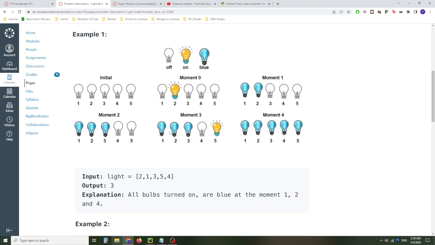And for moment 3, this doesn't count because light 5 is yellow. So for these 4 lights that are turned on, not all are blue because 5 is yellow. And in moment 4, all the lights are blue. As soon as all lights are turned on, all lights turn blue. So that's my understanding.